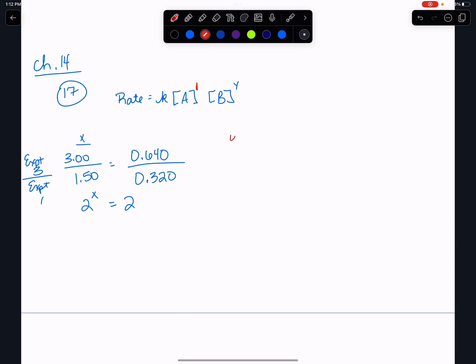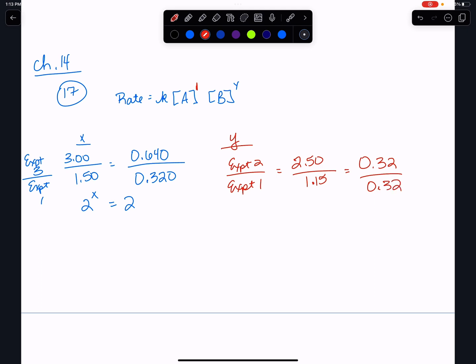And then to figure out what y is, we've got to compare experiments 2 and 1. In experiment 2, B is 2.5. Experiment 1, it's 1.5. And the rate is going to be 0.32 divided by 0.32.